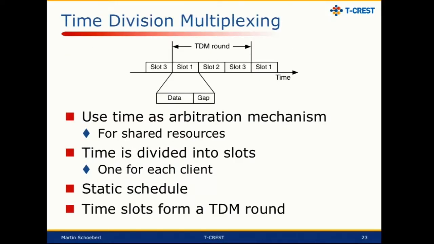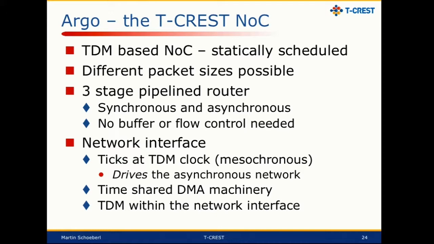Good. Okay, you know what TDM is. Argo is the name for that one. It's a TDM-based NoC. We have a 3-stage pipeline router. We have variable length of packets at the end.